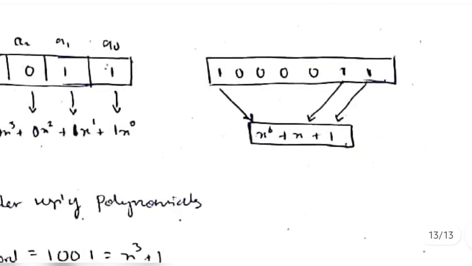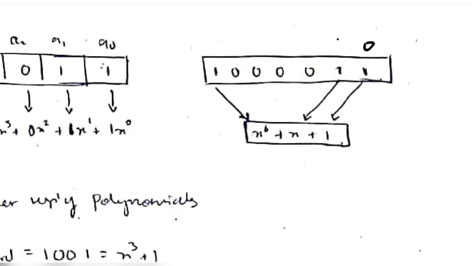So for example, the bits are 0, 1, 2, 3, 4, 5, 6. Where all you can find 1: 1 is here, here, and here. So I'll be writing the polynomial as x power 6, plus x power 1, plus x power 0, which is 1. So this is the polynomial for this data.